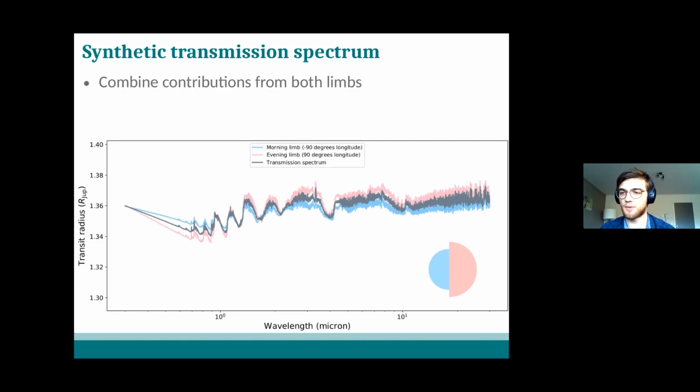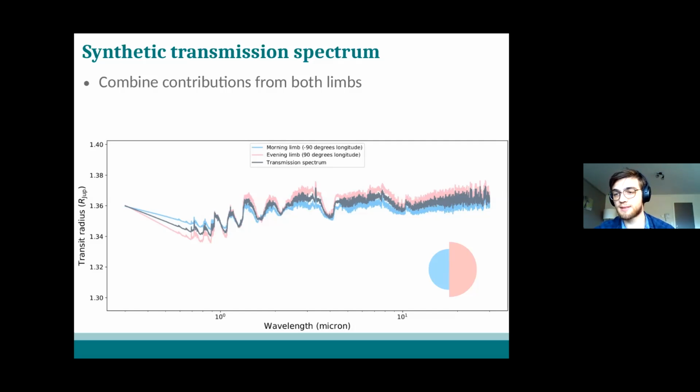There has been some other research done to incorporate all of these different parts, and it has shown that it can indeed have an effect on the transmission spectrum. And there's also been some other research done to model the advection from, for example, the equator towards the poles and vice versa. And that can also have an effect on the chemical composition.